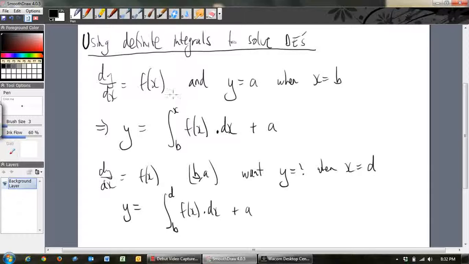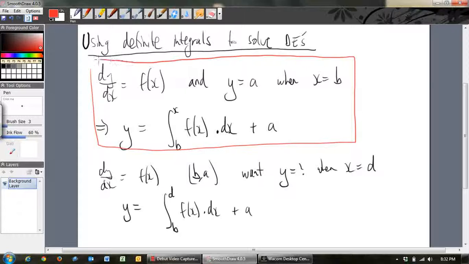You can see it's the same format as up here. Up here we're just evaluating for some unknown x, a variable x. Here we want to know what it's equal to when x is equal to d. So this is really, really powerful. It probably doesn't make sense as it sits at the moment, but that's the general rule there.